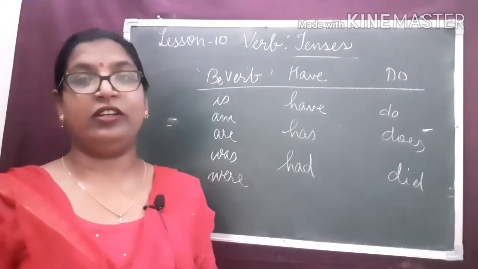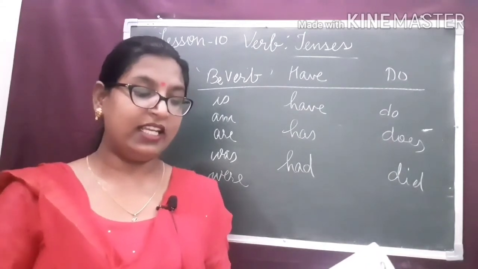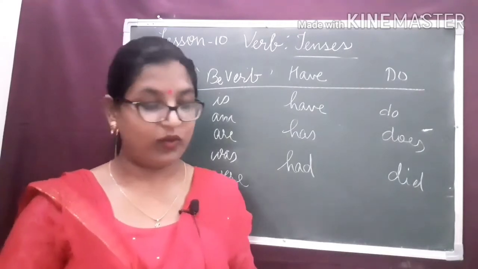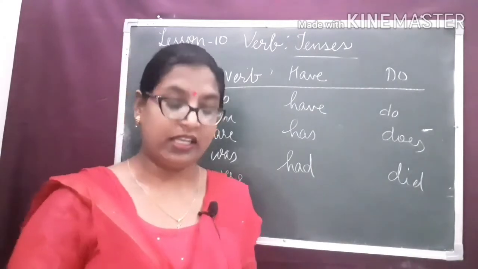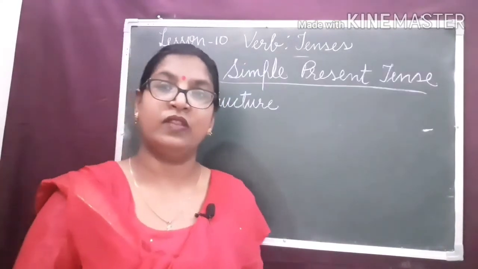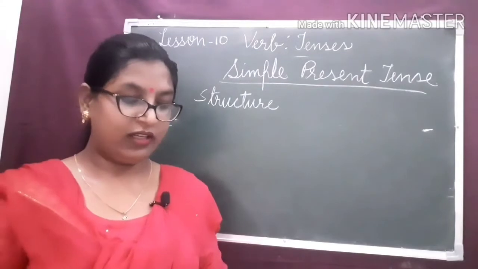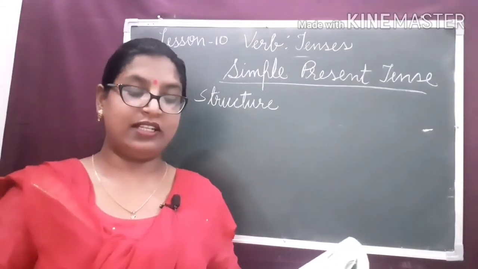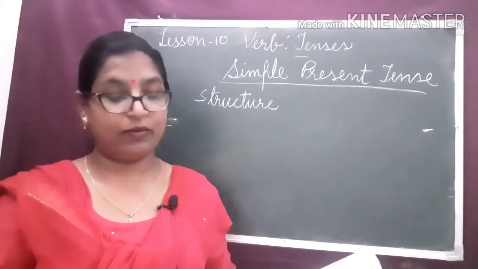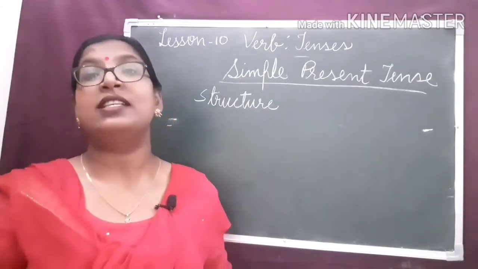Now, dear children, we'll study simple present tense. About the simple present tense we are going to study in this chapter. Simple present tense can be used in various types of sentences.